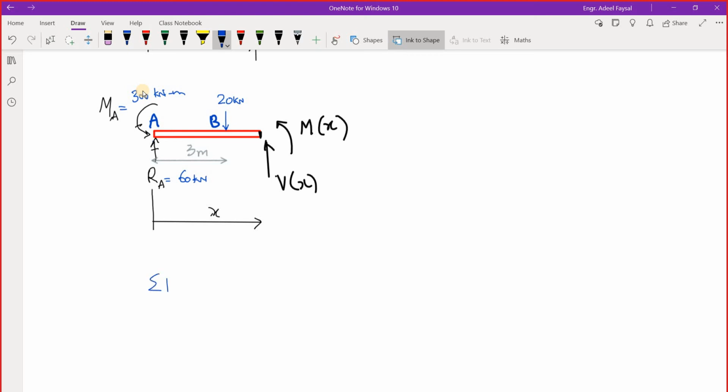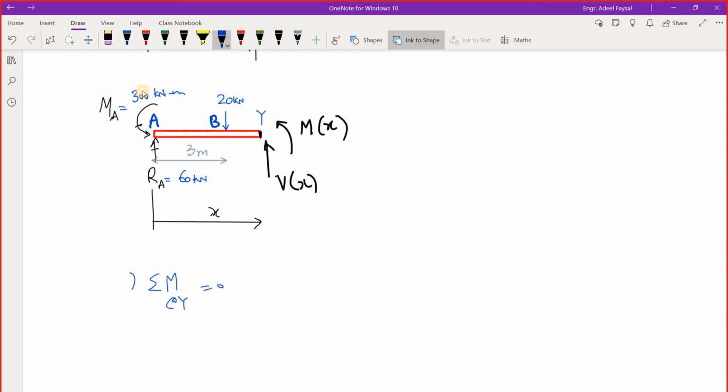So summation of moment about, let's say again same point, A equal to 0. No, let's say consider it about maybe you could call this point as y, maybe this point, summation of moment about y equal to 0.